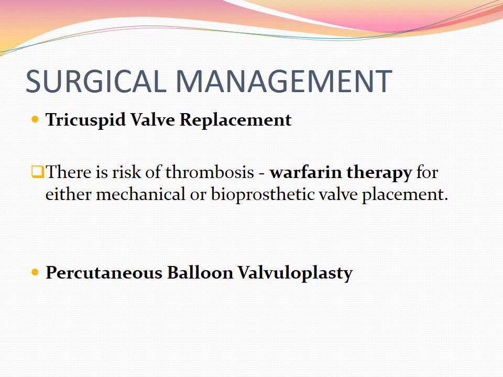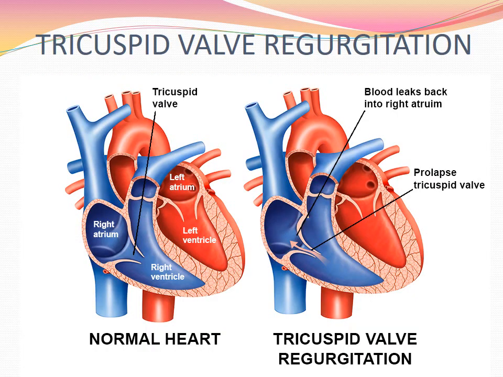The surgical management, as I told you, will be tricuspid valve replacement, and when you're on this, you will be on warfarin, because you're trying to avoid clot or thrombus formation, since that is going to be a foreign body in the patient's heart. When you have the prosthetic valve, it is very important to be on anti-thrombotic treatment, or rather anticoagulants, and also the percutaneous balloon.